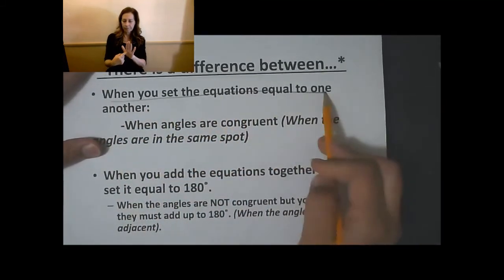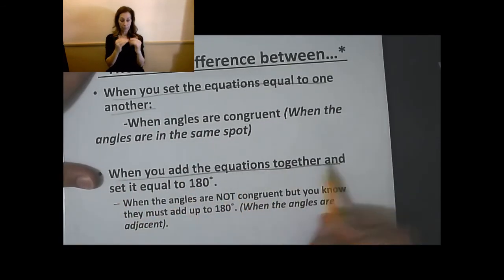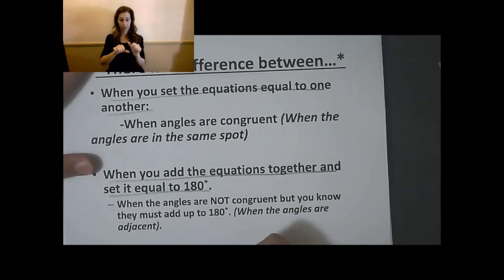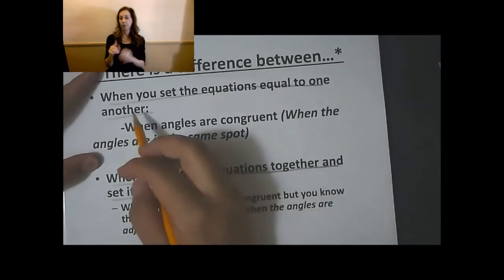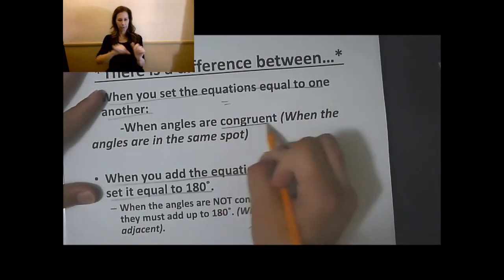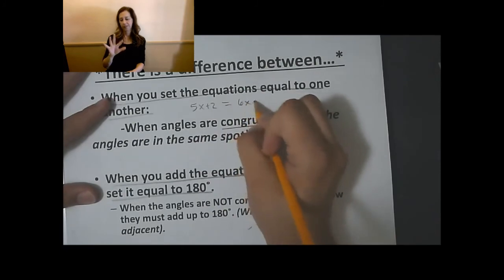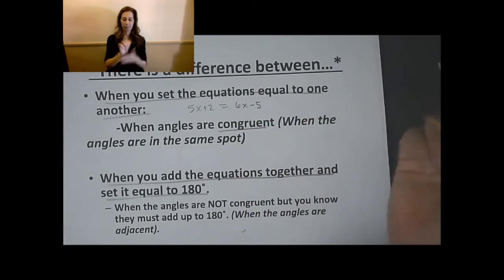When you set the equations equal to one another, and when you add the equations together to set them equal to 180, are different. When you set them equal to each other, it's when they are congruent, like 5x plus 2 equals 6x minus 5. I just made that up.